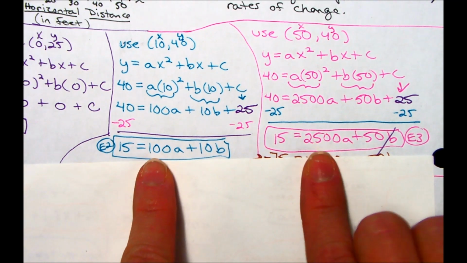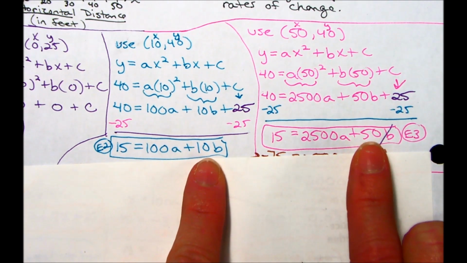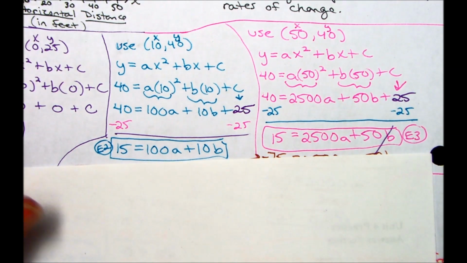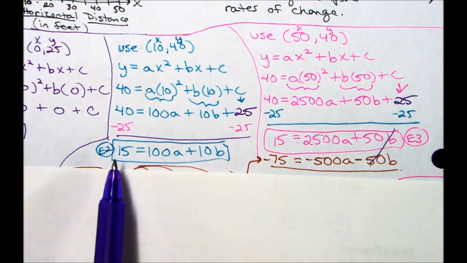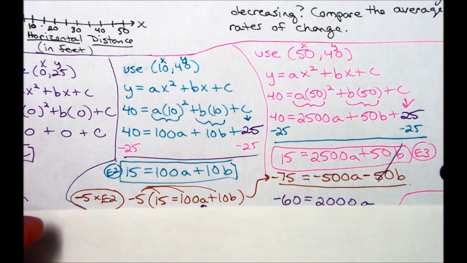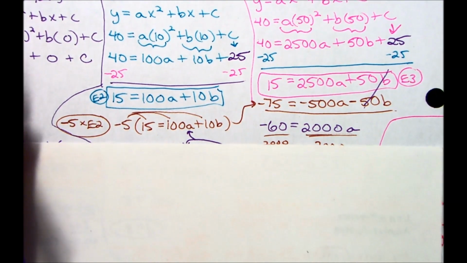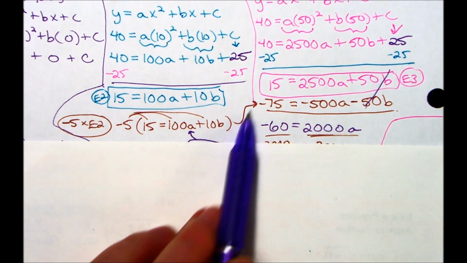Now we're going to use these two equations. If you look at your coefficients for a and your coefficients for b, since b is smaller, I'm going to multiply this equation by -5 so that I can cancel the b values. I took -5 times this equation and rewrote it up here.